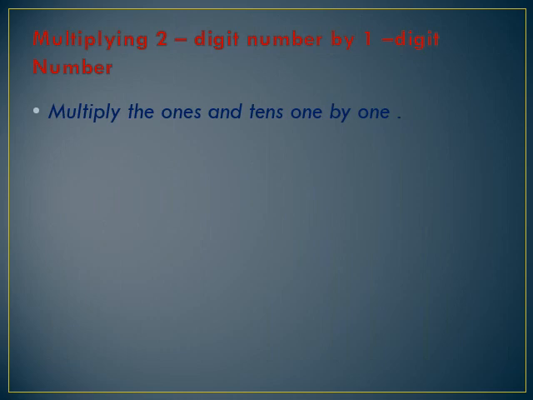Now children, move on to the next topic, that is multiplying a two-digit number by a one-digit number. So here children, we start multiplying the ones and tens one by one.